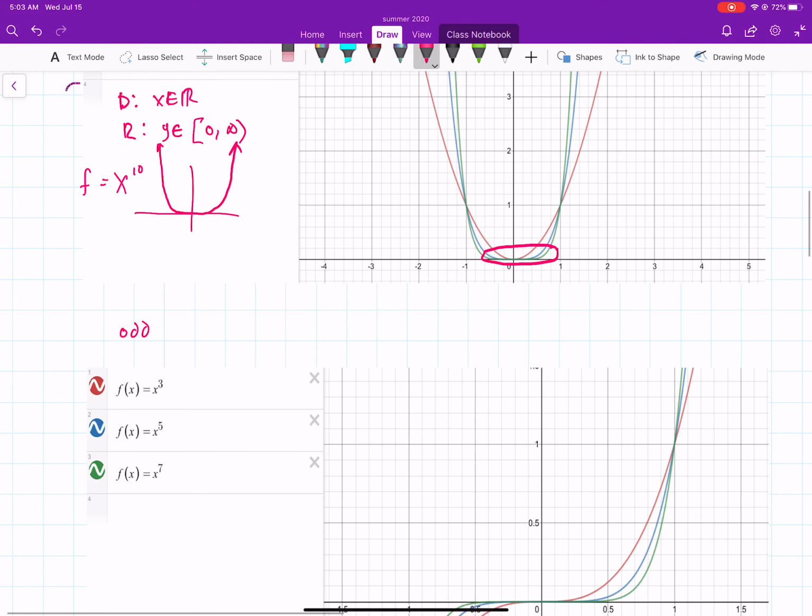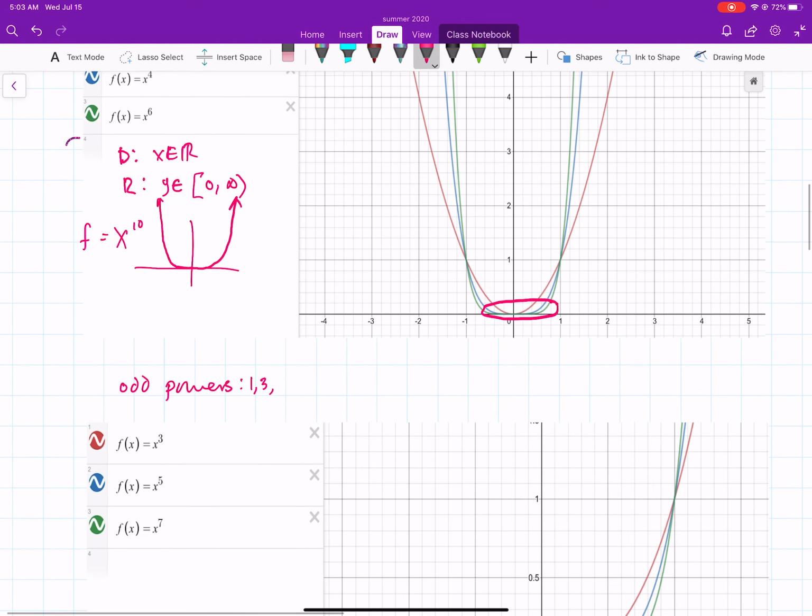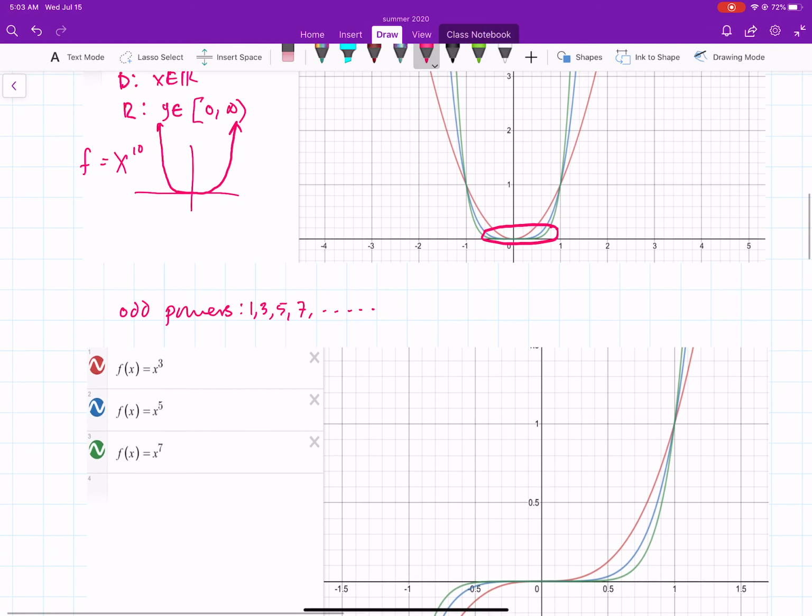So these are odd powers. So odd powers are 3. Well, you start off with 1, but if it's 1, it's a linear function, but we're not looking at that. 1, 3, 5, 7. So if I look at x cubed, x to the 5, x to the 7, we already saw x cubed in the other video.